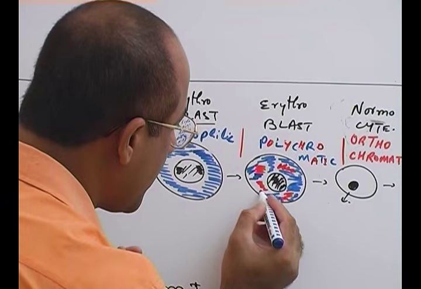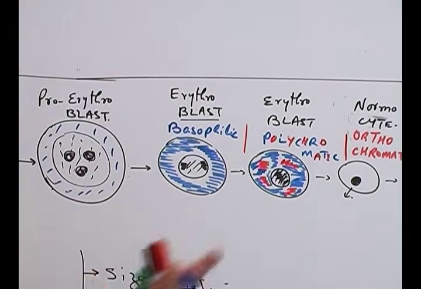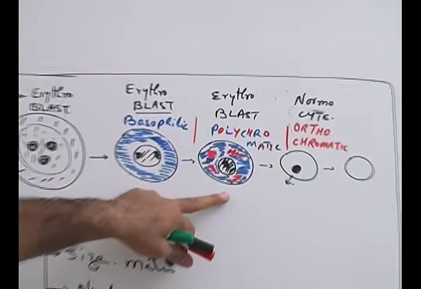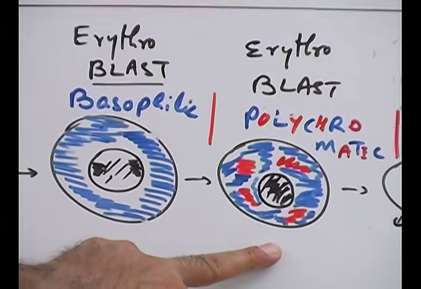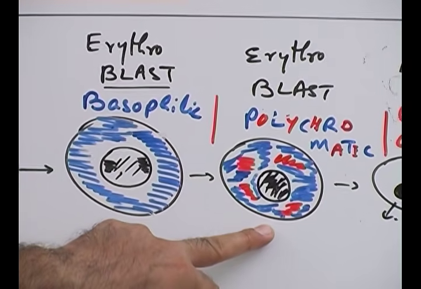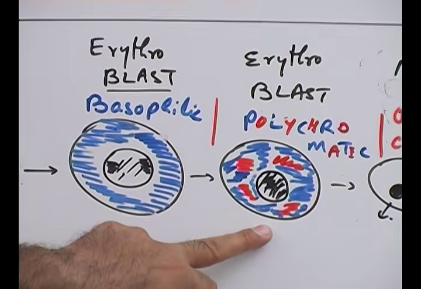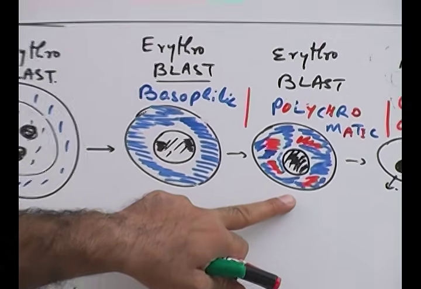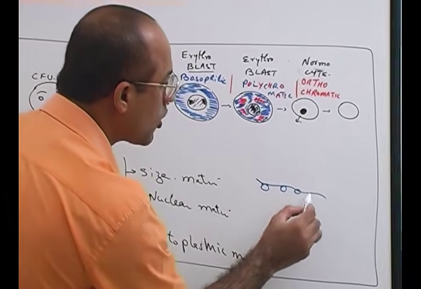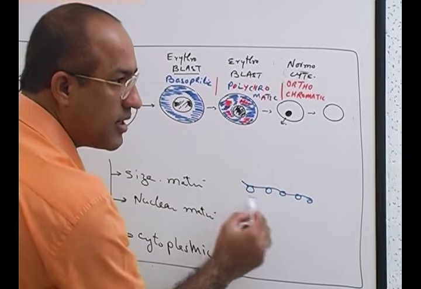Ribosomes. Now at this stage in polychromatic cells, the cytoplasm has a blue shade as well as a pink shade. Why? Because the blue shade is in those areas of the cytoplasm which are very rich in ribosomes and messenger RNA. When one messenger RNA has a lot of ribosomes, the whole complex is called polyribosomes.